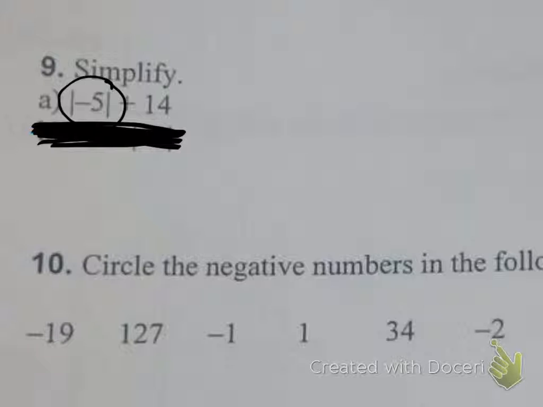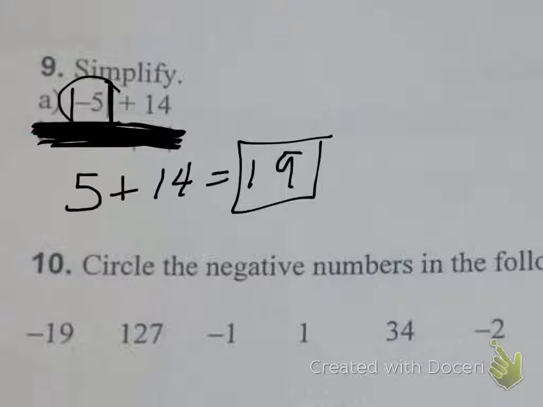So this means the absolute value. These lines mean the absolute value of negative 5, which means how far is negative 5 from 0? And negative 5 is 5 places from 0. And then the rest of the problem we just bring down. A plus and a 14, and 5 plus 14 equals 19. So the answer to 9A is going to be 19.